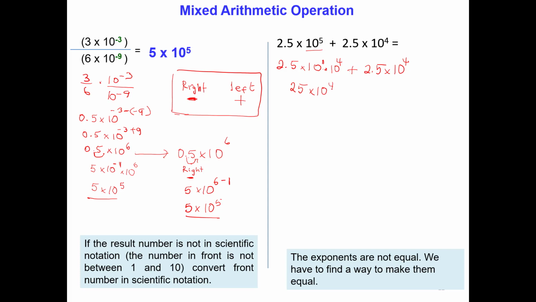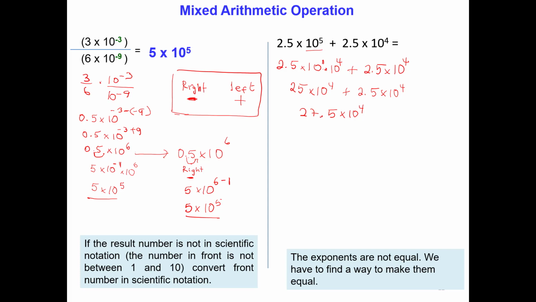So 25 times 10 to the power 4 plus 2.5 times 10 to the power 4. And now we had the same exponent, so we just add the numbers together: 27.5 times 10 to the power 4. Then is this number in scientific notation? The answer is no. We need 2.75, because the number must be between 1 and 10.